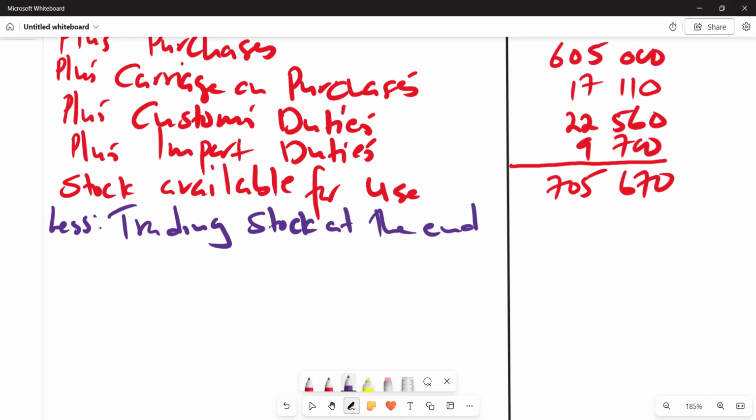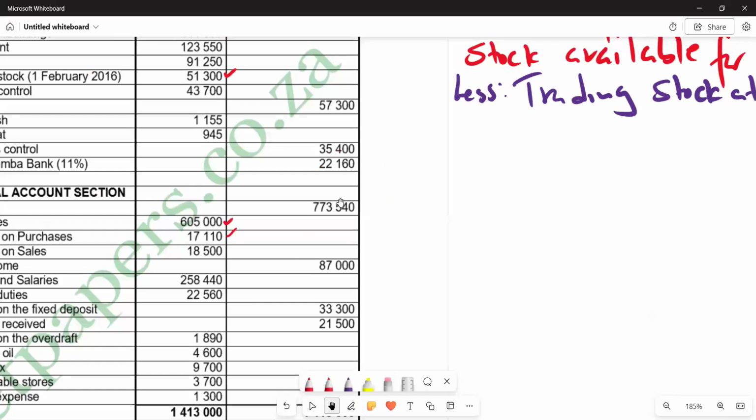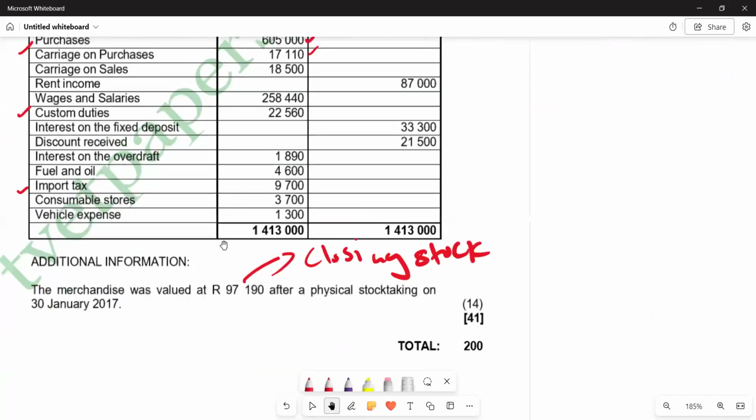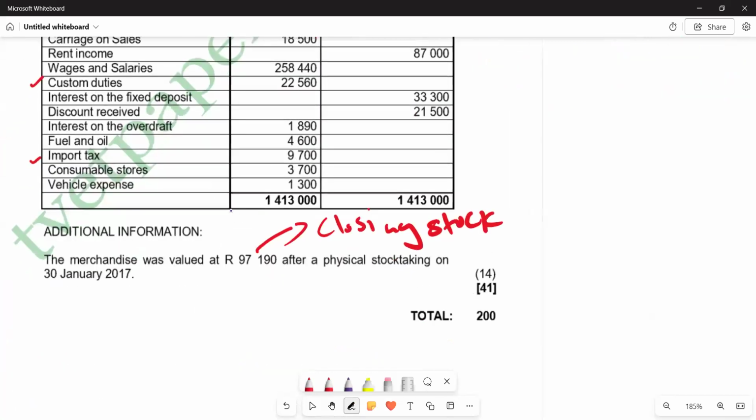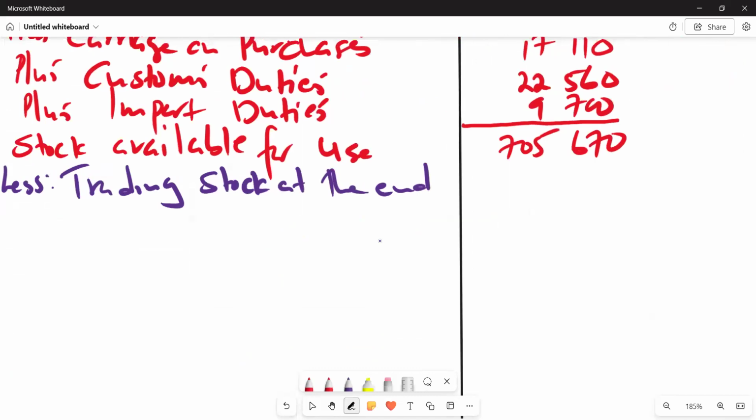And the figure that we have of trading stock at the end, you just try to find out about that actual figure there. Remember, we looked at that figure that is at the end, and it said the figure at the end of stock will be the additional information, which is 97,190. So this is representing our closing stock.